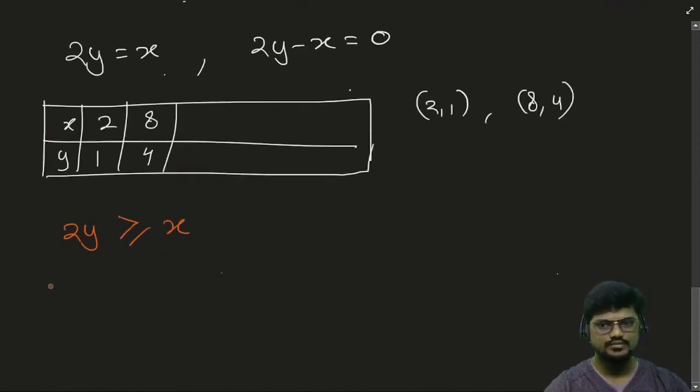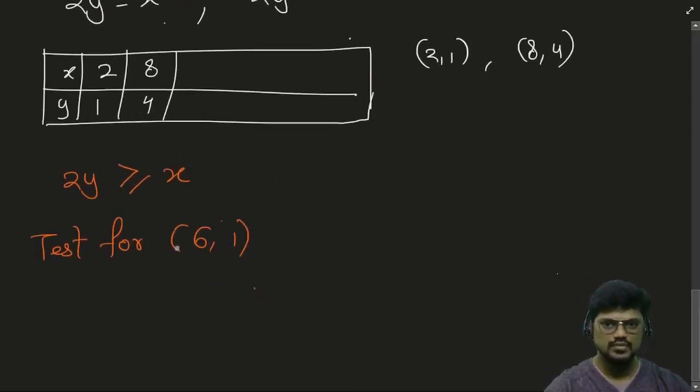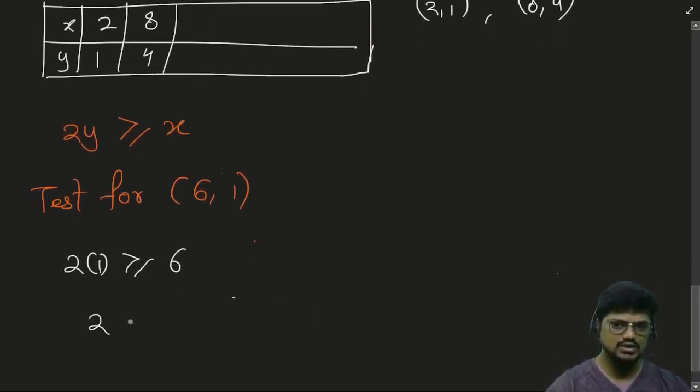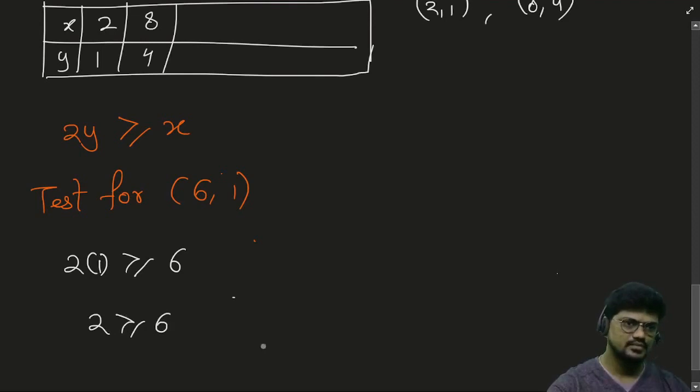Test for 6 comma 1. Put the values of x as 6 and y as 1. So 2 into 1 should be greater than or equal to 6, and 2 is greater than or equal to 6. Is this true or false? False.